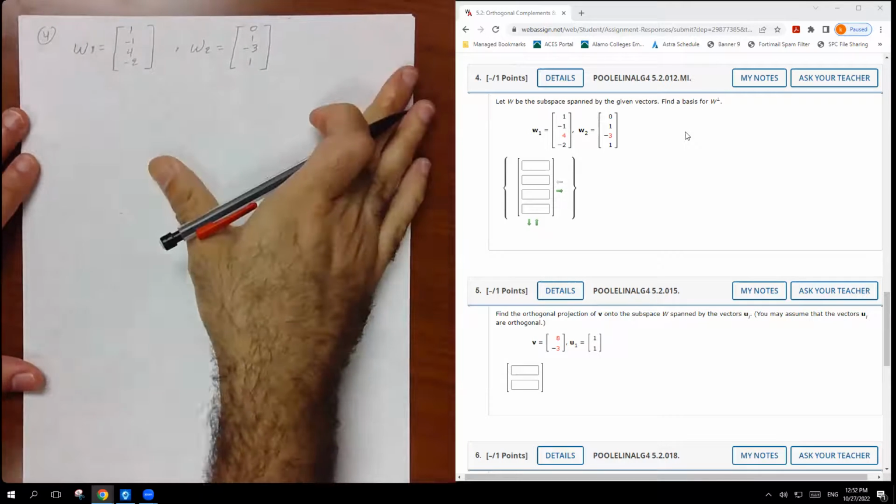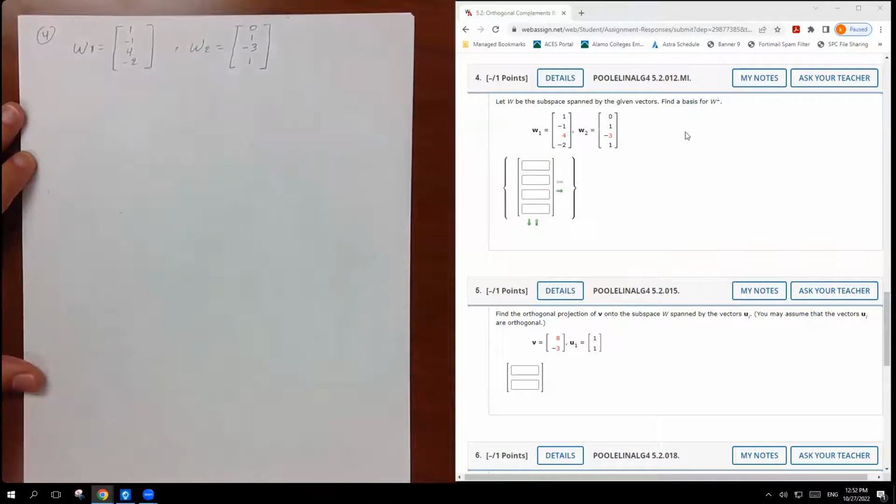So now we need to find a basis for W complement.